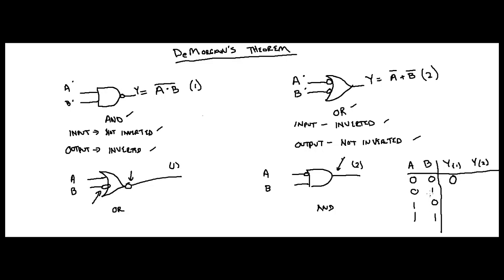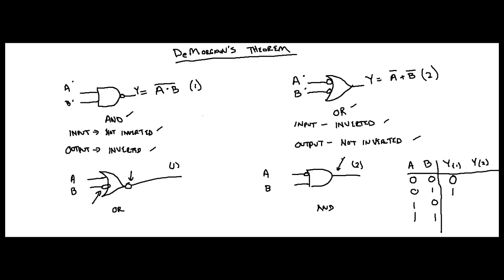Now, let's do the next one. A is going to be 0, B is going to be a 1. So it's going to be 0 coming in here. This 1 is going to be inverted to a 0, right? So you have a 0, 0 coming into an OR gate. The OR gate's going to output a 0, which is going to be inverted to a 1. Get it?